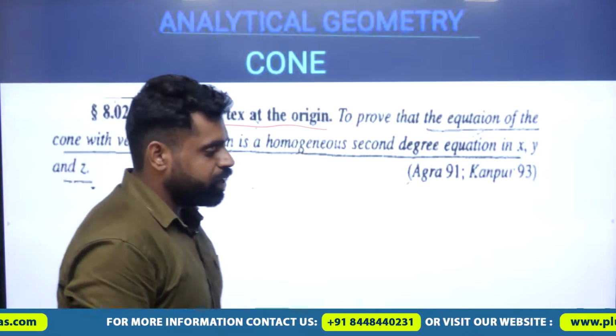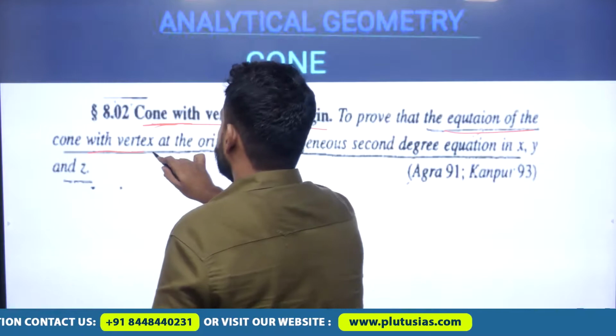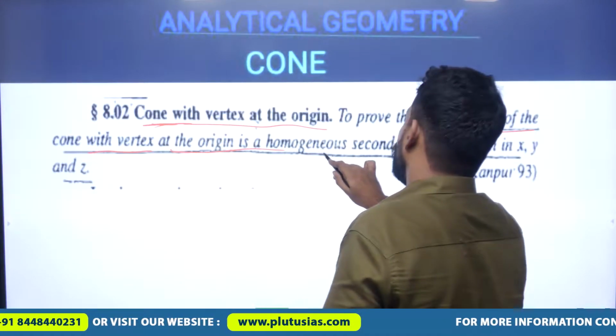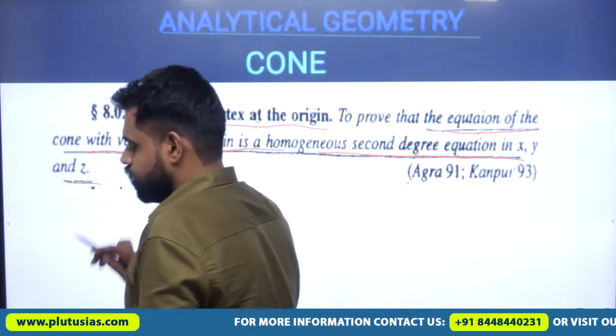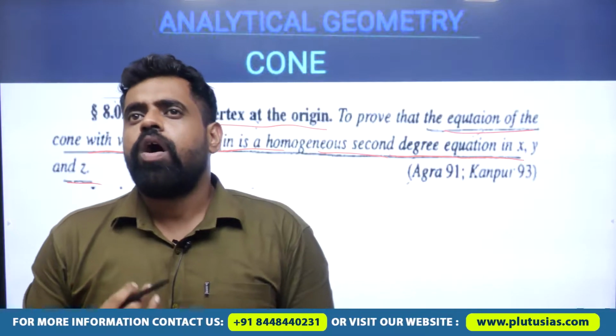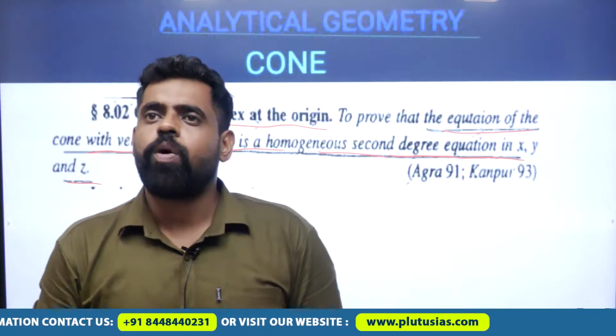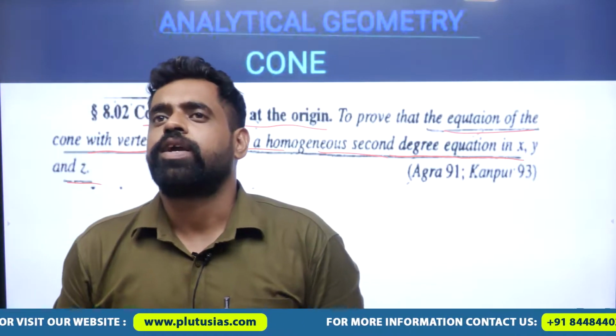Here it is given that the equation of a cone with the vertex at origin is a homogeneous second degree equation in x, y, z. It says that any equation of a cone whose vertex is at the origin forms a homogeneous second degree equation.